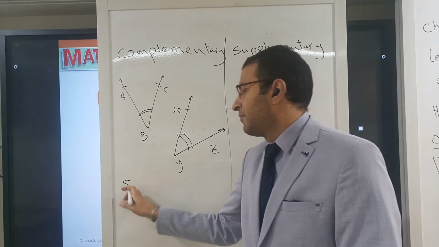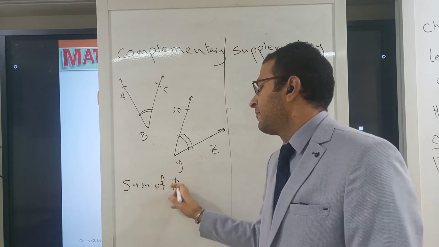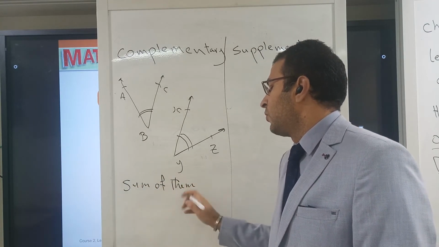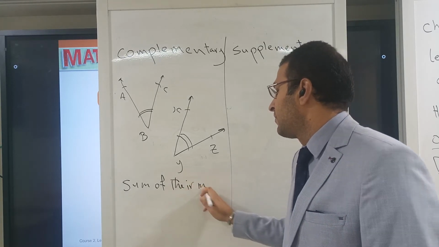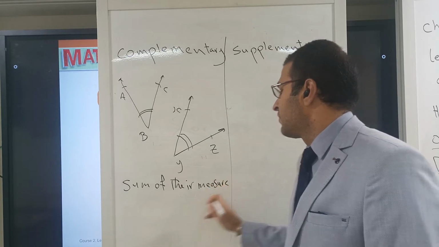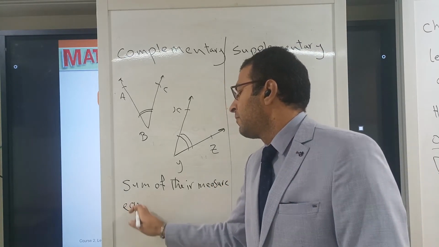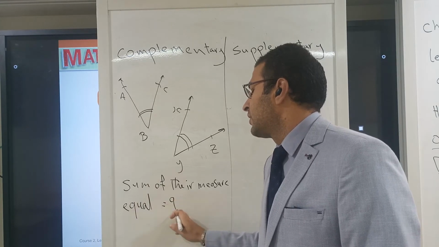So the sum of them, or we can say the sum of their measure, equals 90.